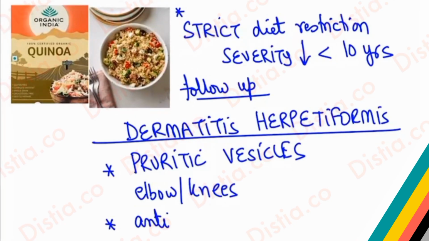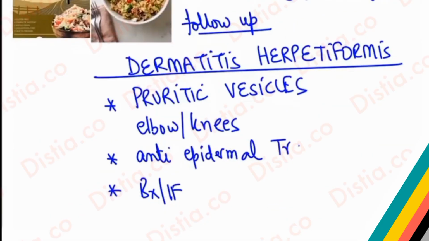Second is obviously a biopsy of the skin with immunofluorescence study. When it comes to the antibody, the name of this antibody is anti-ETG antibody, that is anti-epidermal transglutaminase antibody.